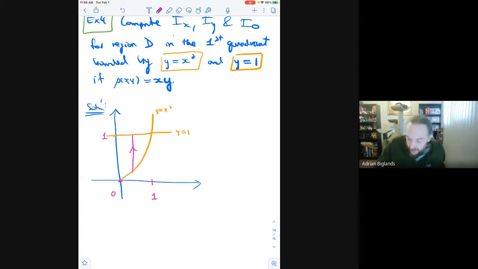So this is a type 1 region: 0 is less than or equal to x is less than or equal to 1. And we're starting at x squared and moving to 1 in the y.